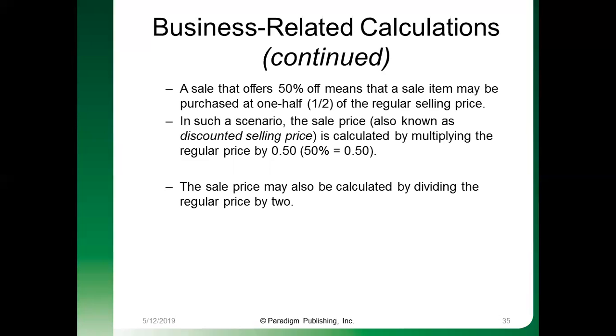It already converted the 50% to a decimal, so 0.5. So the sale price may also be calculated by dividing the regular price by 2.